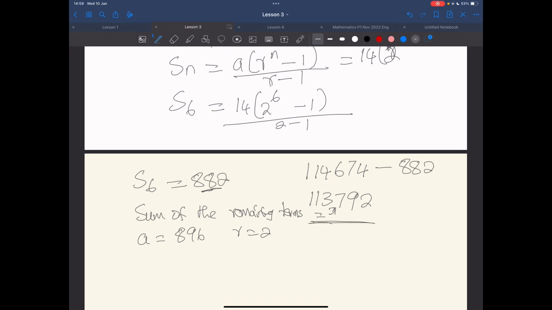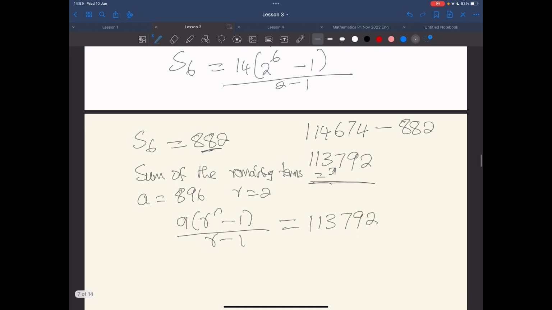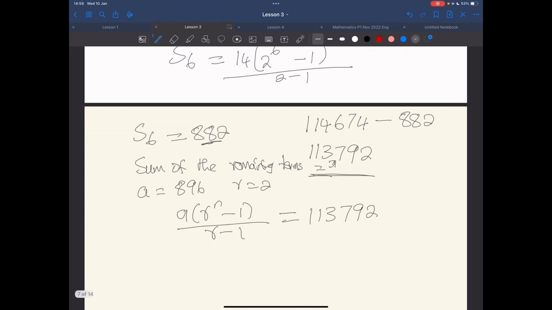And the total is 113,792. Now let's apply our formula. The sum to n terms is A into R to the power n minus 1 all over R minus 1. So this sum is going to give us 113,792. All right, let's substitute. A, which is the first term of that remaining sequence, is 896. R is 2.